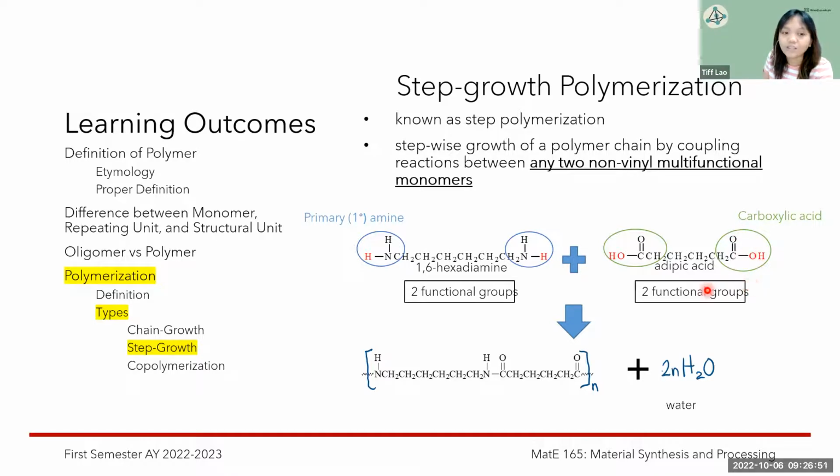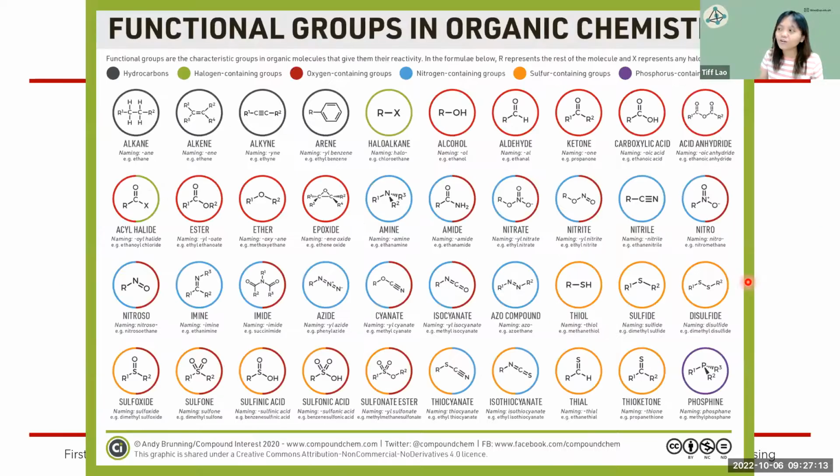Tapos, hindi siya makakabuo ng polymer. Okay? So, for at least two monomers to undergo step growth polymerization, kailangan yung dalawang monomers na yon should have at least two functional groups. Okay? And when I say functional groups, eto yon.